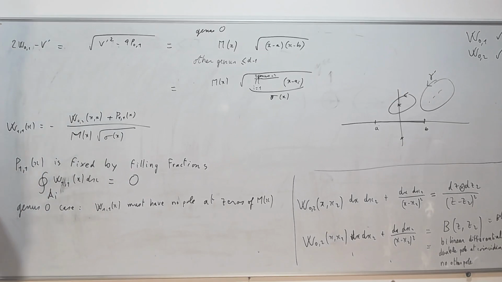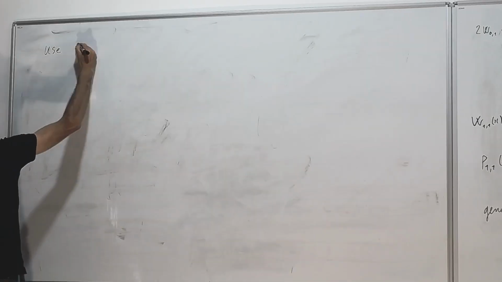Now, again, to find it, we shall use the Z variable. And we shall rephrase all these properties in the Z variables. And in the Z variable, the solution will again be much, much simpler. So use Z variable.